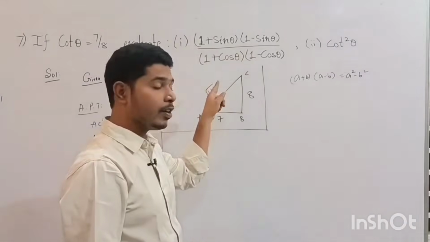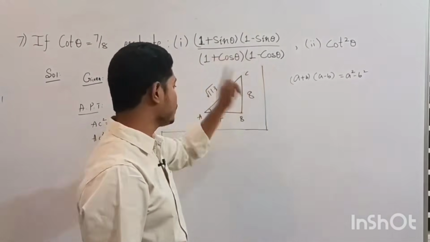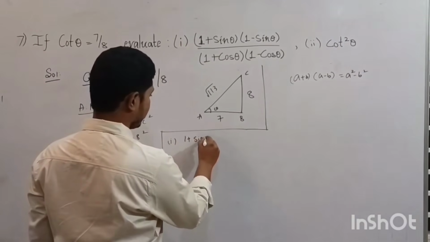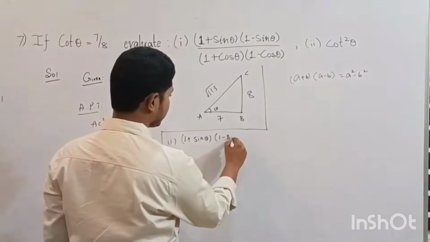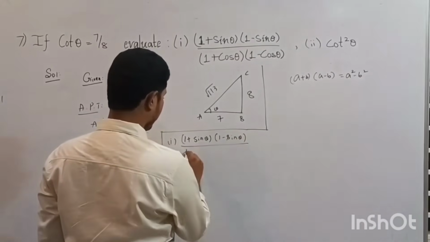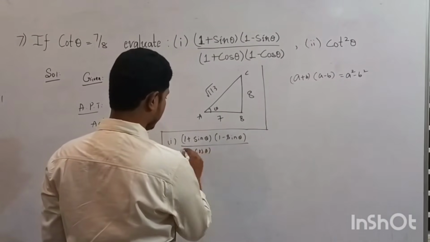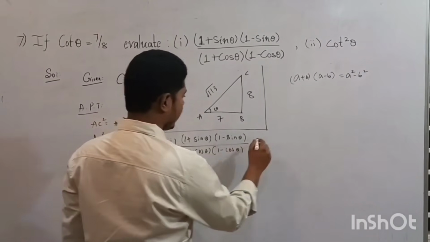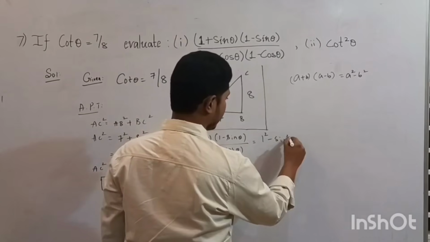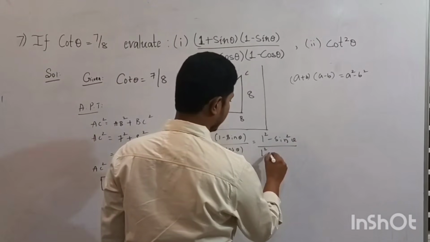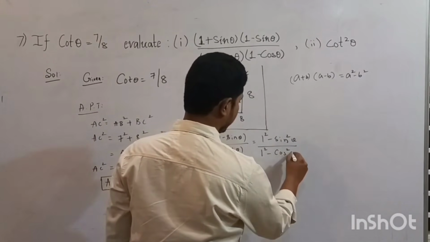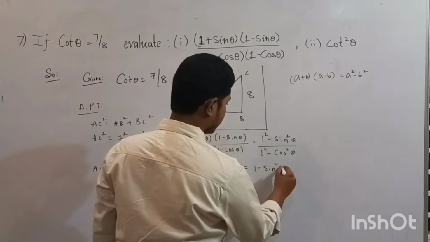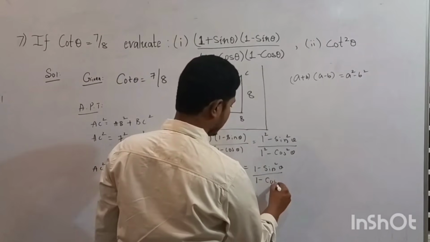The denominator is also in the form of (a plus b) into (a minus b). So, (1 plus sin theta)(1 minus sin theta) by (1 plus cos theta)(1 minus cos theta) is equal to 1 square minus sin square theta by 1 square minus cos square theta. So it becomes 1 minus sin square theta by 1 minus cos square theta.